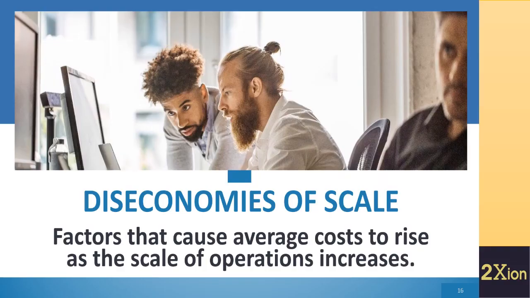So, what is diseconomies of scale? It is the factors that cause the average cost to rise as the scale of operations increases. Again, average cost here means cost per unit and scale of operation means size of the business.